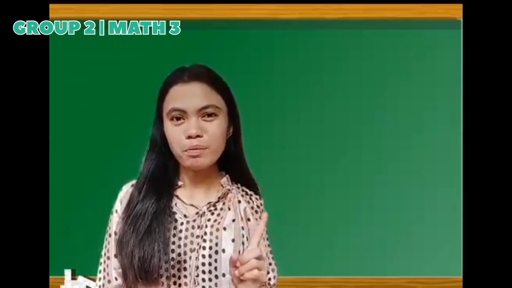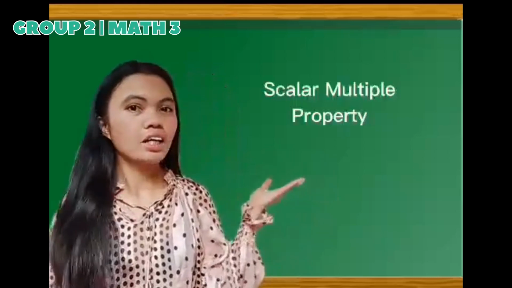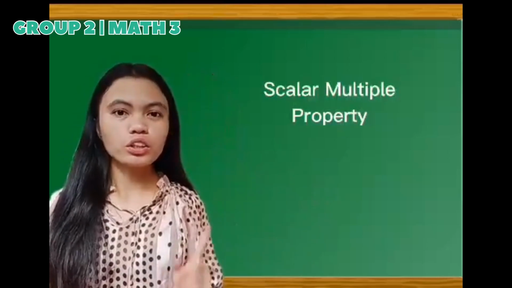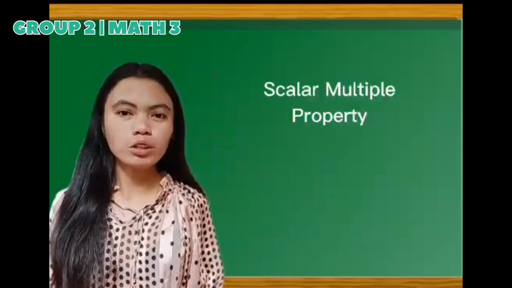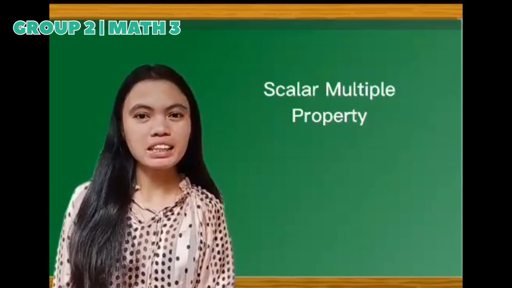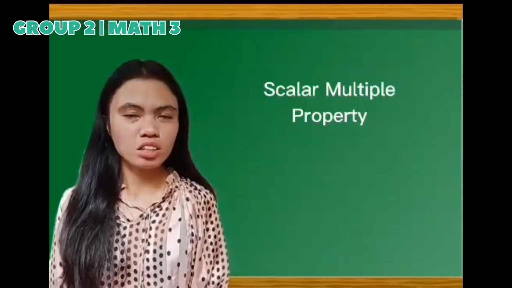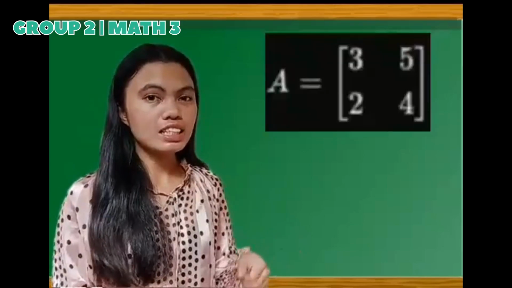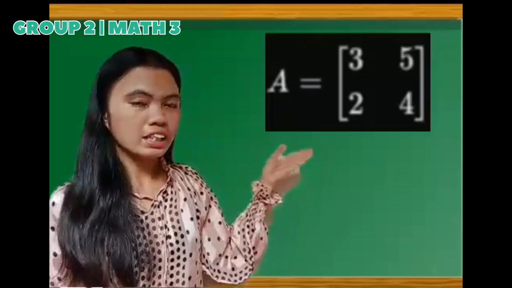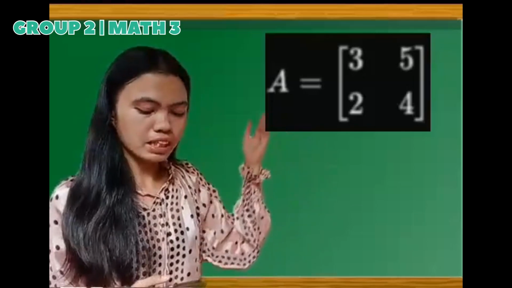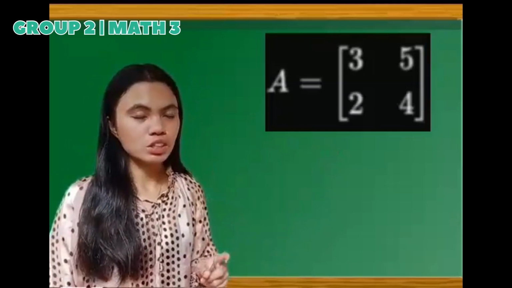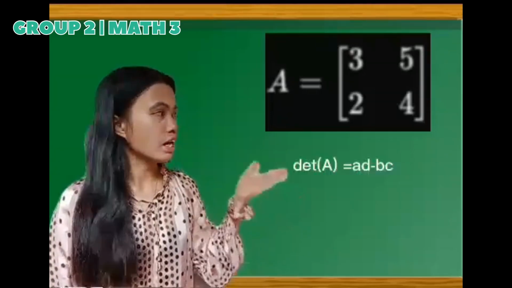The next property is the scalar multiple property. If all the elements of a row or column of a determinant are multiplied by a non-zero constant, then the determinant gets multiplied by the same constant. For example, let us consider a 2 by 2 matrix. So we have A equals entries of 3, 2, 5, and 4. To compute a determinant, we have this formula.